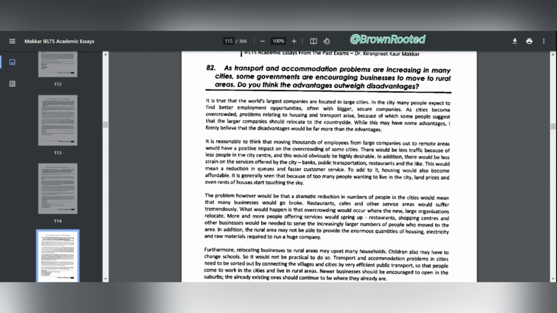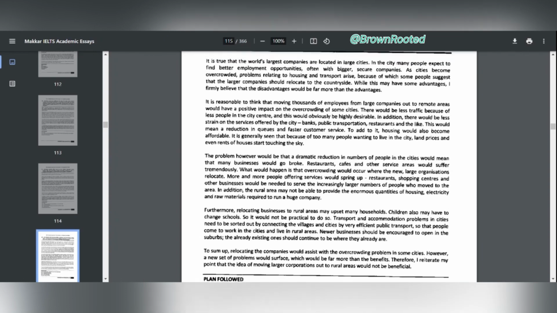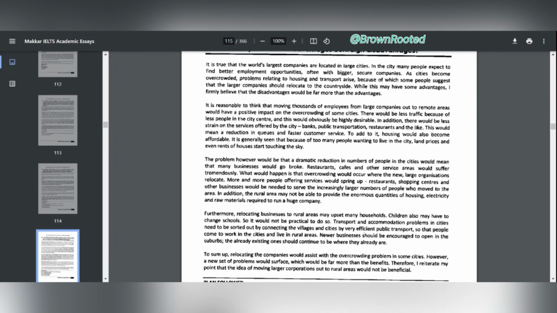The best way, which everyone recommends, and you can check with your English teacher or someone who's really good in English, is this: first an introduction paragraph, then body paragraph one, body paragraph two, body paragraph three, and then a conclusion. As you can see in this sample practice test, that's how it's written.